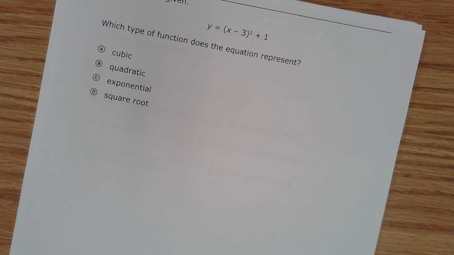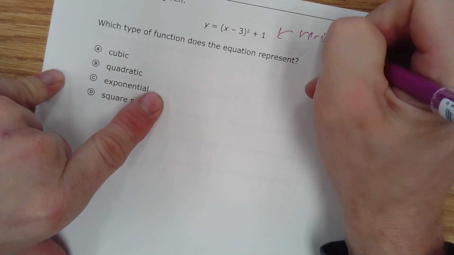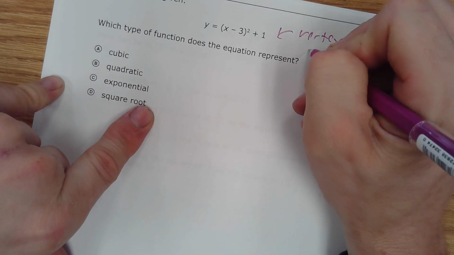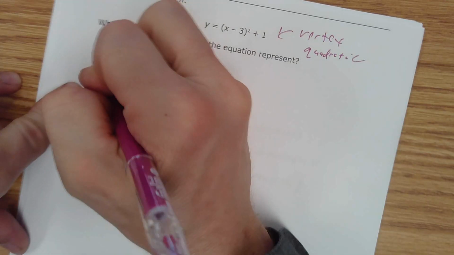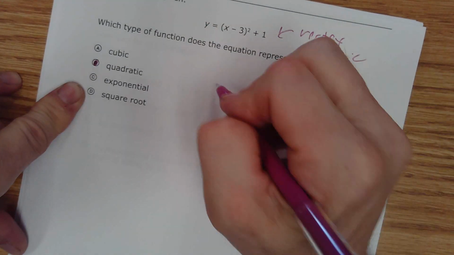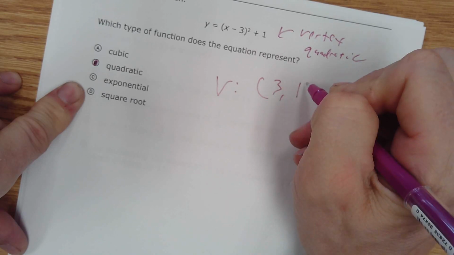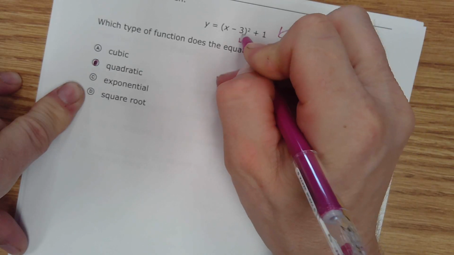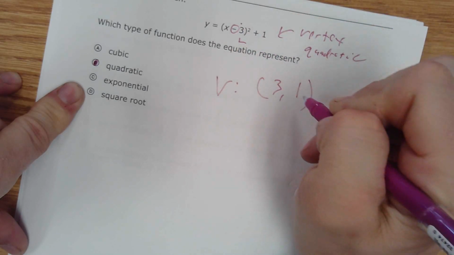Here's an equation. This is a vertex form of a quadratic. So what type of function is this? It's quadratic. The vertex is at 3 and 1, because this is the opposite x value of your vertex, because of that negative sign, and this is the y value of your vertex.